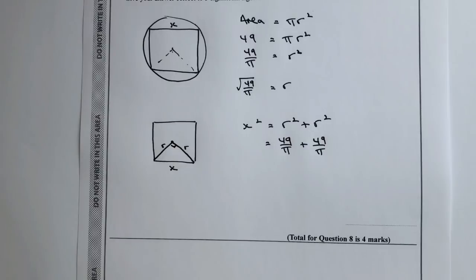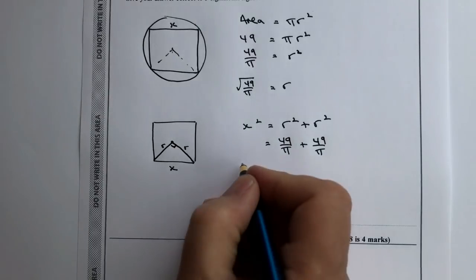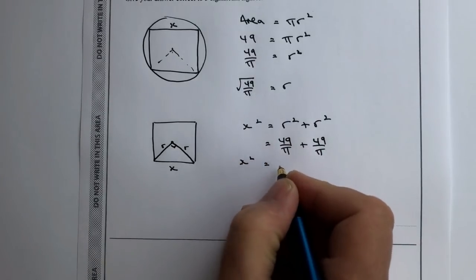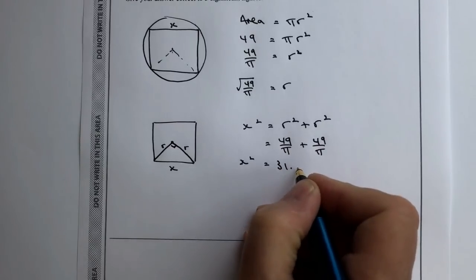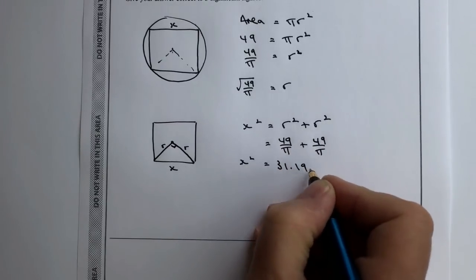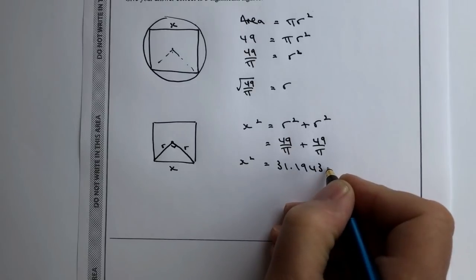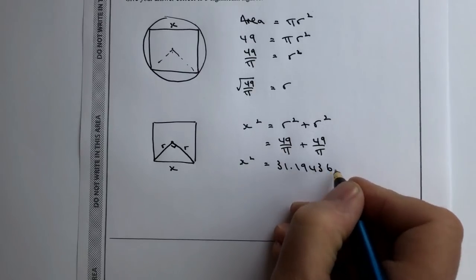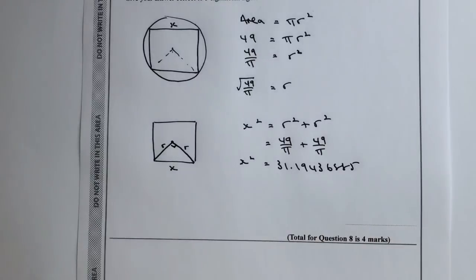Pop that into a calculator and you're going to get a value of x squared, and in this case we end up with numbers rather than surd forms, 31.4368885 and so on, but that's okay because when we square root that we get our answer.